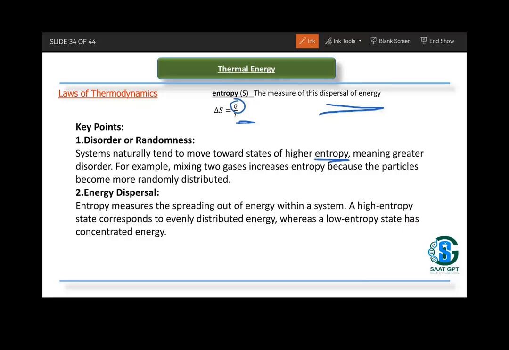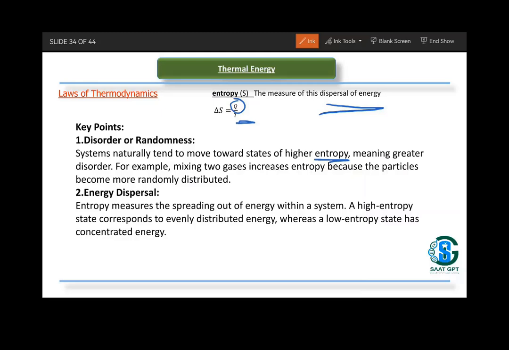Any particles need to have free motion, so they must move randomly, meaning greater disorder. For example, mixing two gases increases entropy because the particles become more randomly distributed.